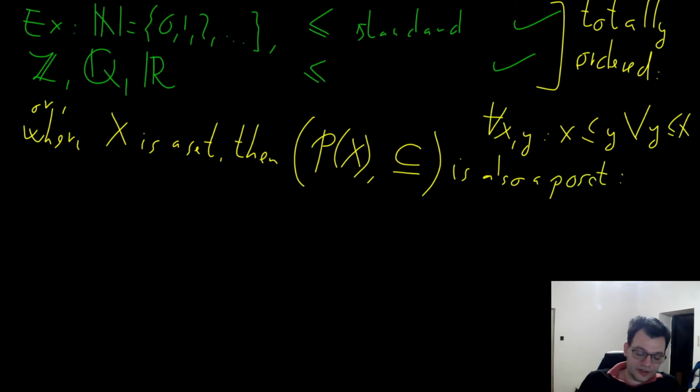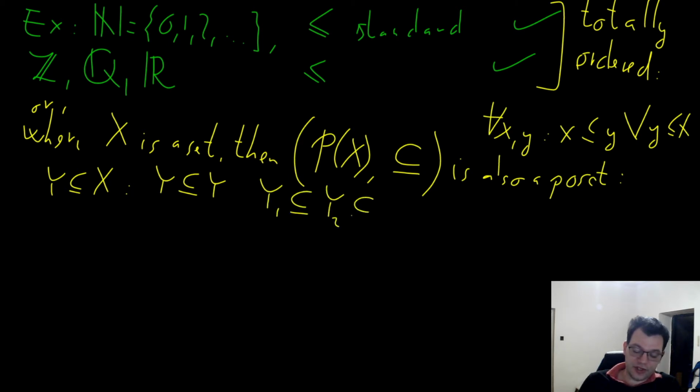Basically, if y is a subset of x, so it's an element of P(x), then of course y is a subset of itself. And if y1 is a subset of y2 and y2 is a subset of y3, then of course y1 is a subset of y3, so transitivity is also fine.